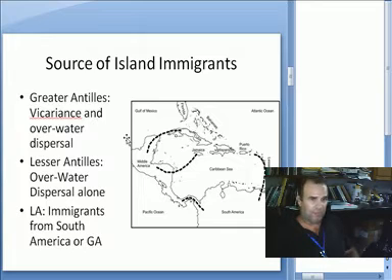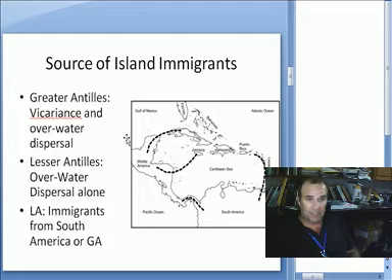Okay? So at that time, the islands were joined up to the mainland, and plants and animals could just disperse over land onto these islands. So millions of years ago, the Greater Antilles were joined up to Central America, and plants and animals colonized them from Central America.